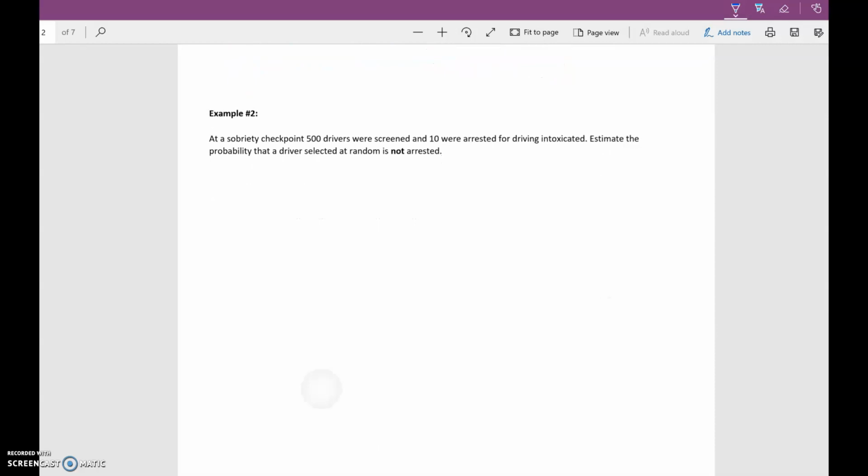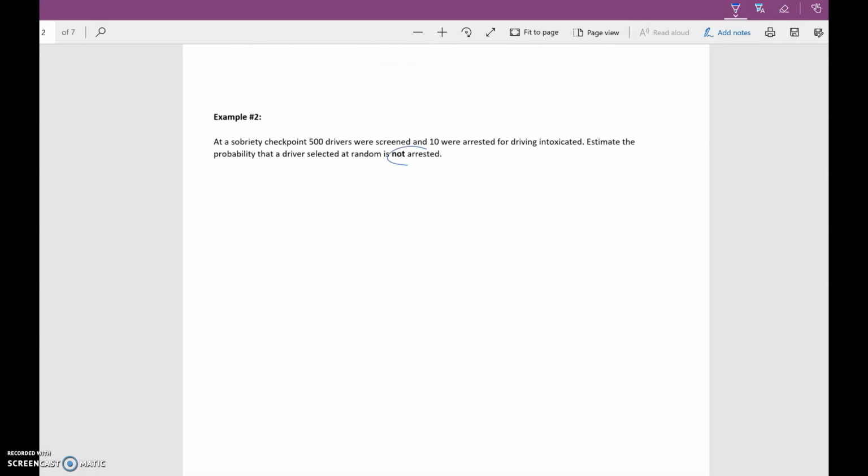Let's take a look at the second problem. In this case, they're also asking for the complement of an event, and this one is based on data. The main event is getting arrested, so let A equal getting arrested. You're given the probability of A, which is 10 divided by 500.